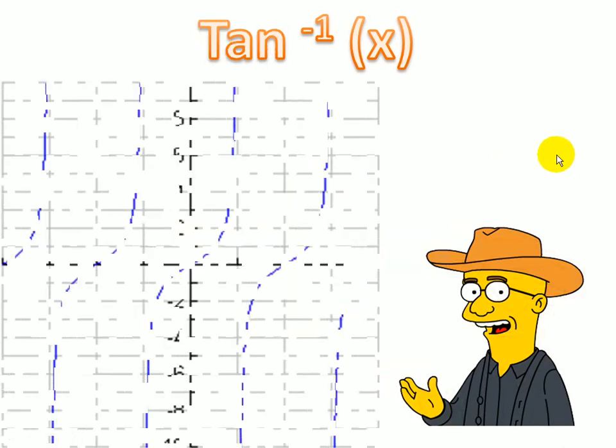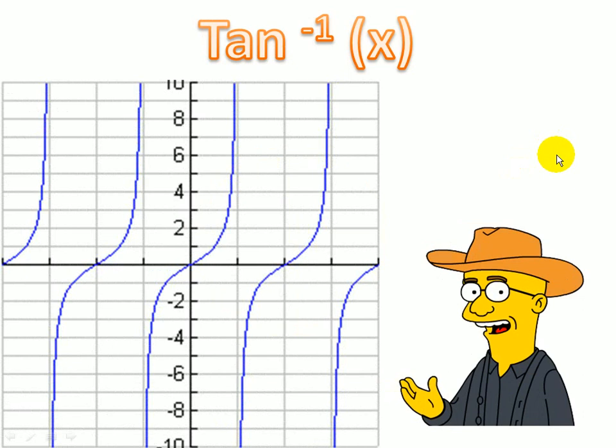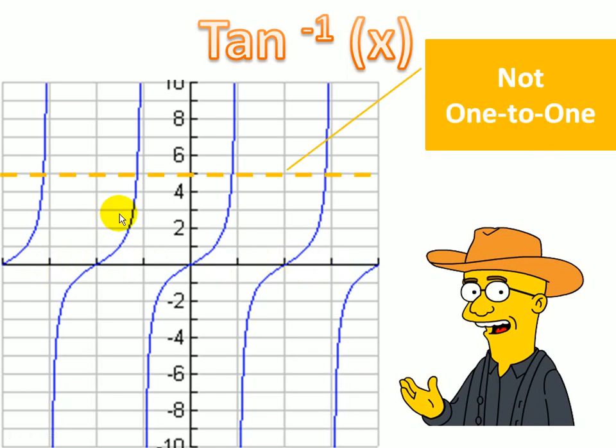Now on to inverse tangent, and recall this is the graph of tangent going from negative 2 pi to 2 pi. And once again, it fails the horizontal line test, so we limit our domain to go from negative pi over 2 to pi over 2.